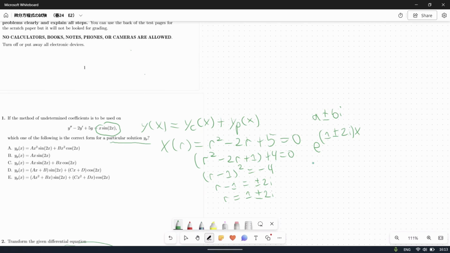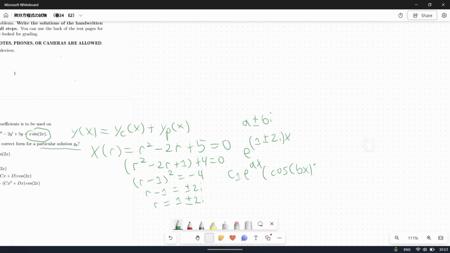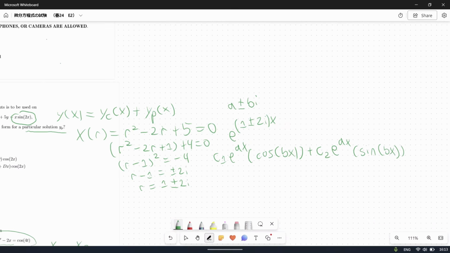So what your new term would end up looking like is you'd have some constant, so c1 e to the ax times cosine of bx plus c sub 2 e to the ax again times sine of bx. And what this allows us to do is come up with two terms from a single complex number.